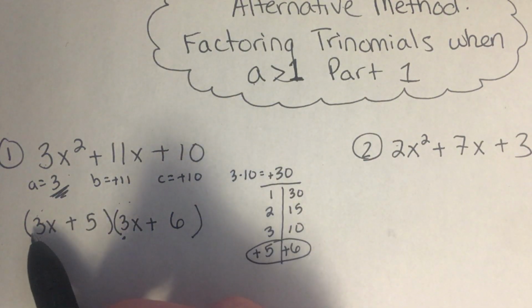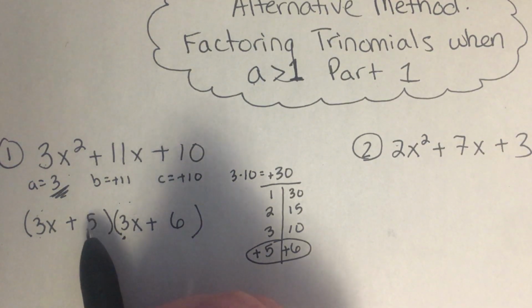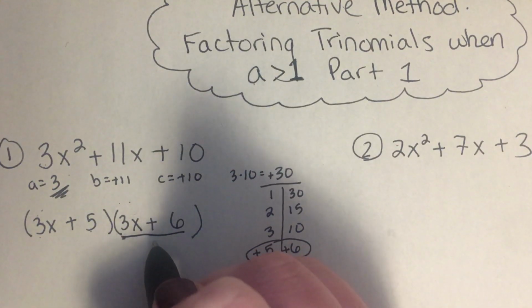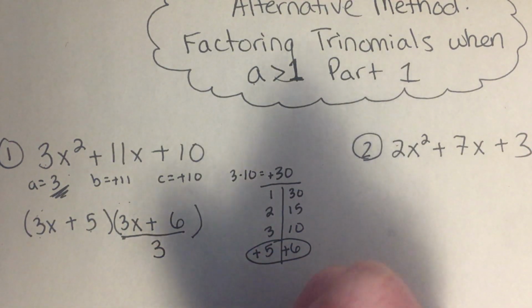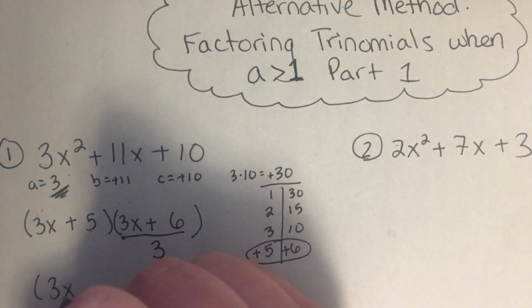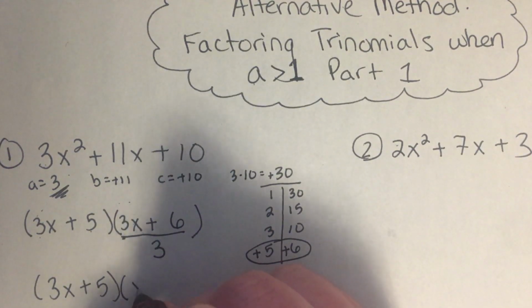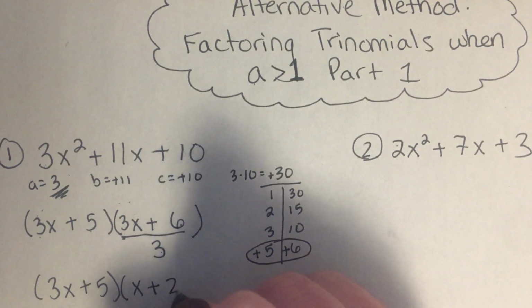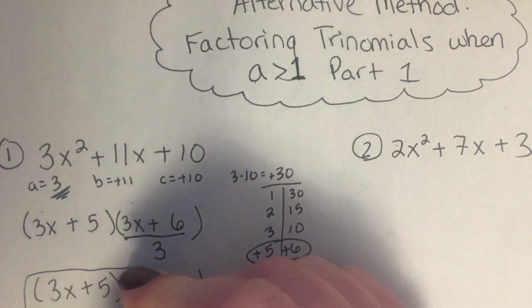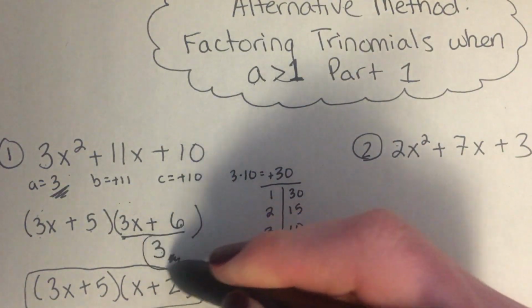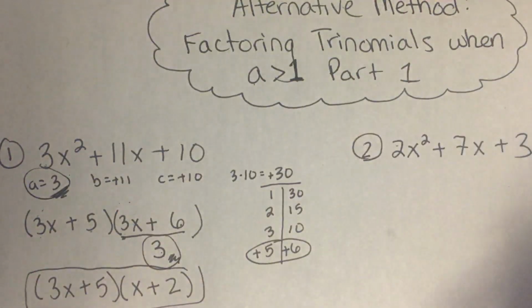So in this example, 3x and 5 have nothing in common, but you'll notice this 3x and 6 do. We can actually divide it by 3. So that means 3x plus 5 is one factor, and then do this division, 3x divided by 3 is x, and 6 divided by 3 is 2, and now we're factored. You need to keep in mind that whatever you're dividing by actually winds up being your a.